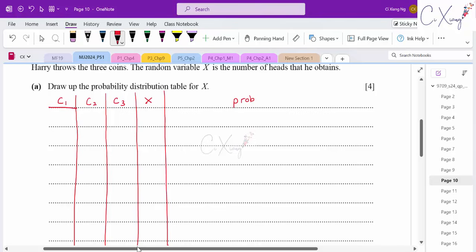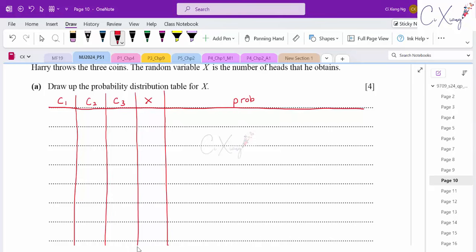Now let's start with the first case. They throw the coin, right? The coin might give you only either one of the results, which is tail or head. So we start from the first case. If I throw the three coins and I get the tail on all the coins, that means tail, tail, tail.